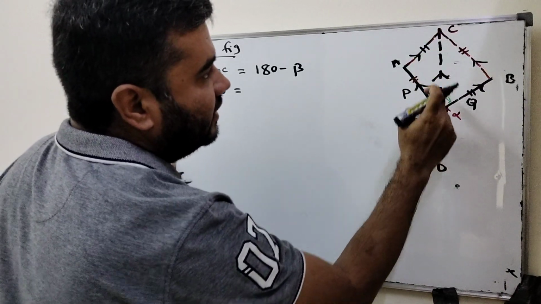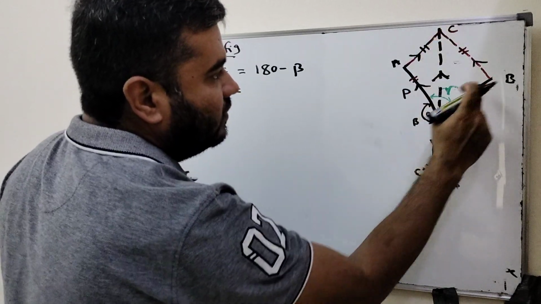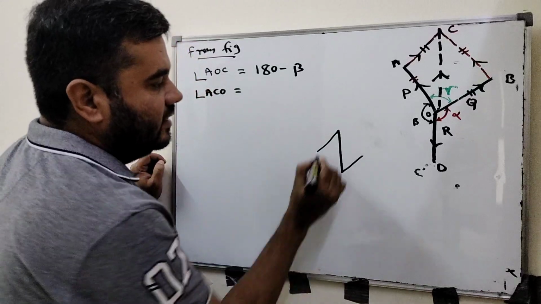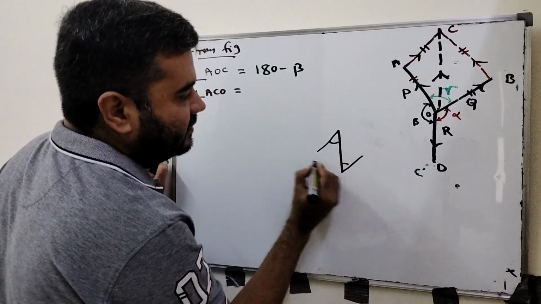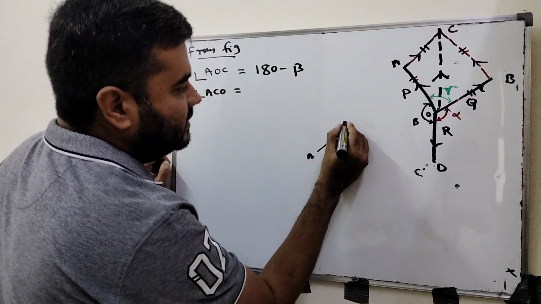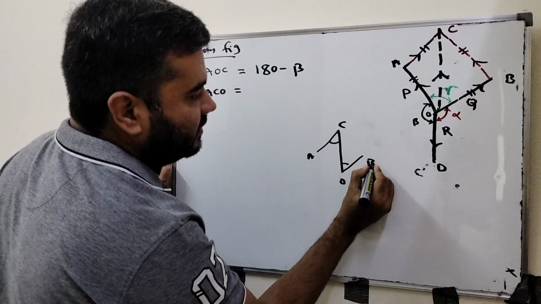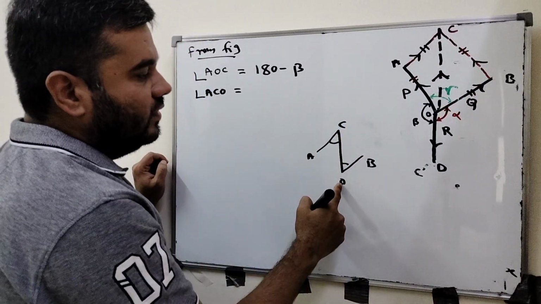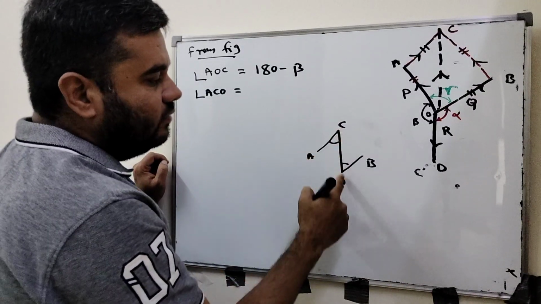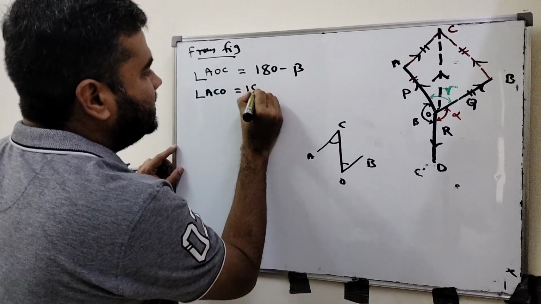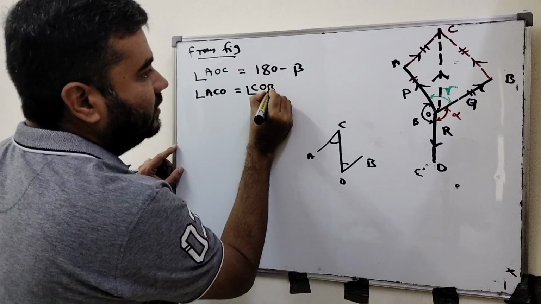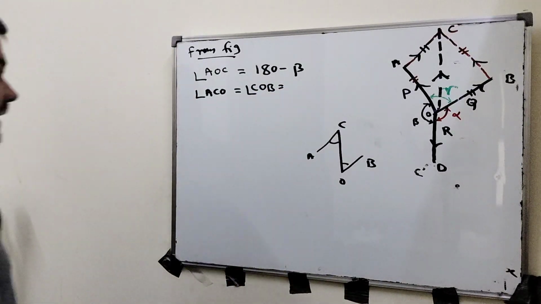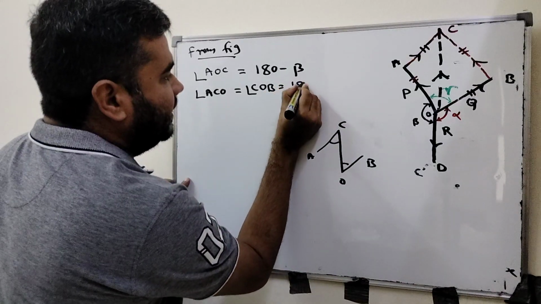Angle ACO is equal to angle COB, which equals 180 minus alpha.